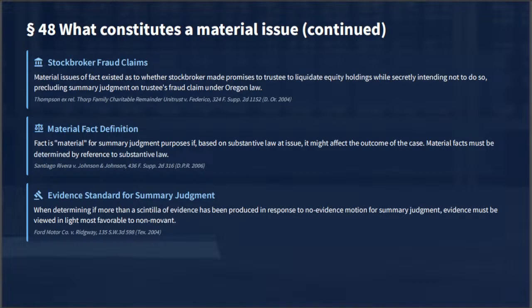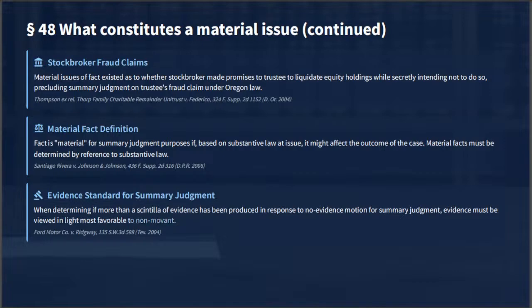All right, then we get the evidence standard for summary judgment. When determining if more than a scintilla, so someone's asking how much is a scintilla? Is it 10, 20, 1/10? When determining if more than a scintilla of evidence has been produced in response to a no evidence motion for summary judgment, evidence must be viewed in light most favorable to the non-movant.